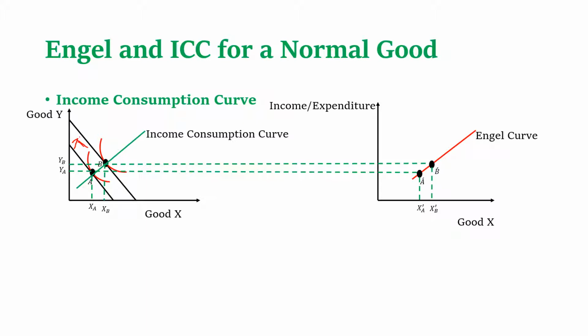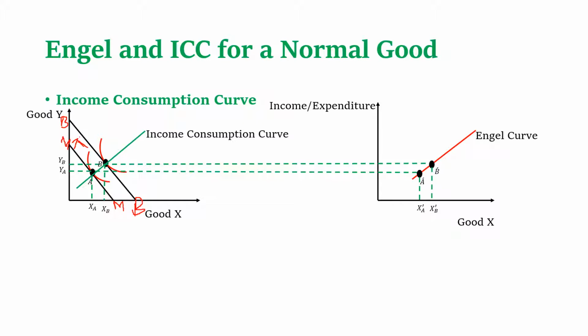So there is a complete shift here, from this old budget line, let's just call it MM, and then it shifts to, let's say, BB. Okay? So the budget line shifts to BB because of an increase in the income of the consumer.